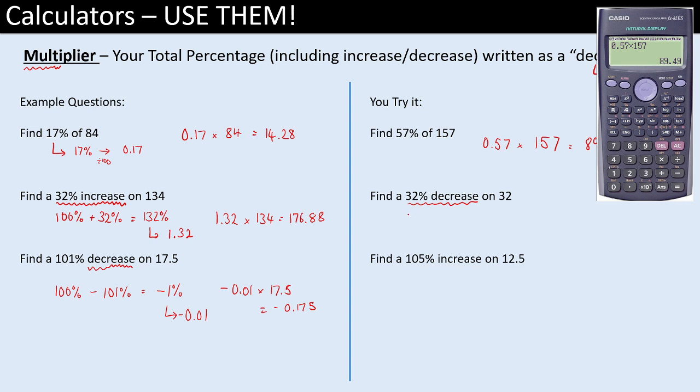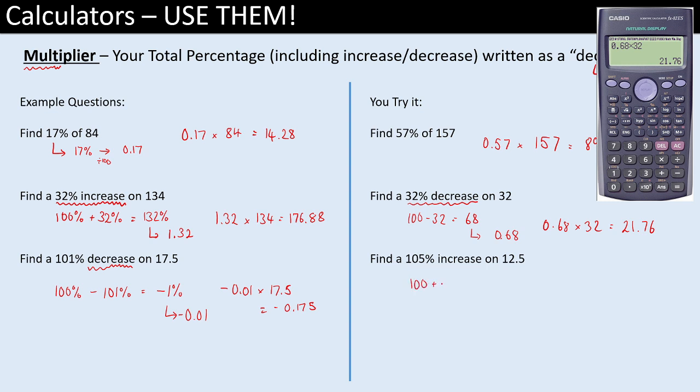For the 32% decrease, 100 take away 32 is 68, which is going to be 0.68 as a multiplier. So I'm going to do 0.68 times 32, which is 21.76. And lastly, a 105% increase this time.